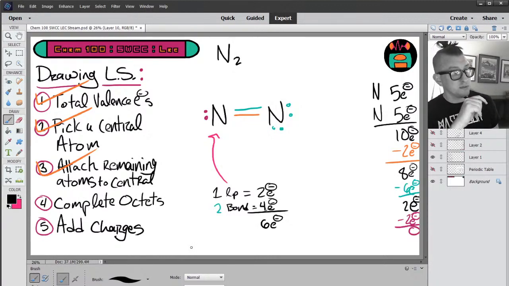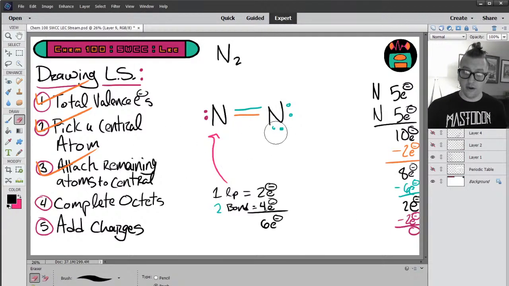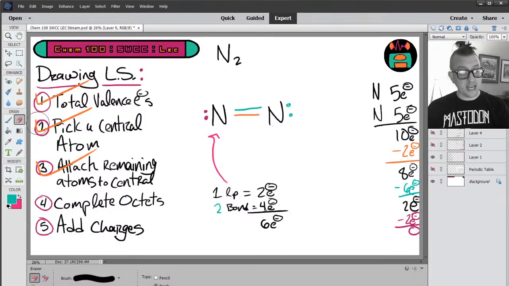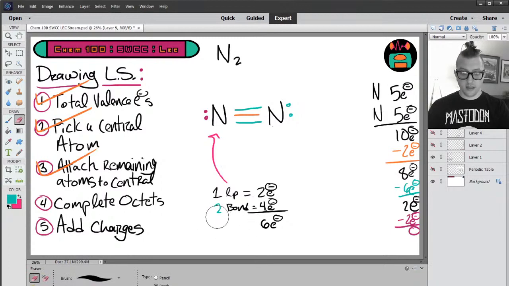We're still missing 2. What do you do when you're missing electrons? You take a lone pair from one atom that's hugging them selfishly, and you make that atom share. You take another lone pair from the nitrogen with a complete octet and turn it into a third bond, i.e. a triple bond.